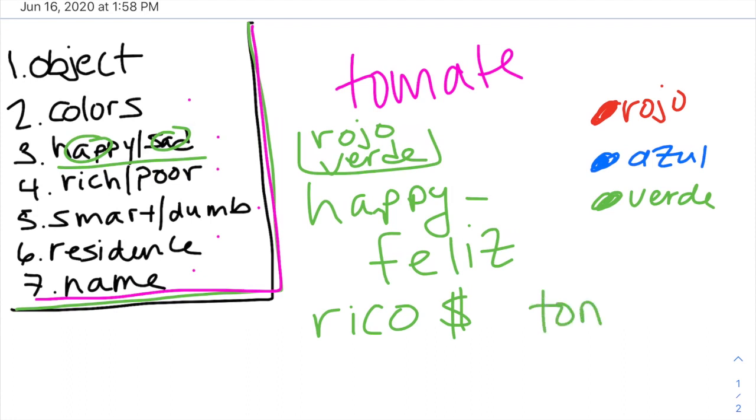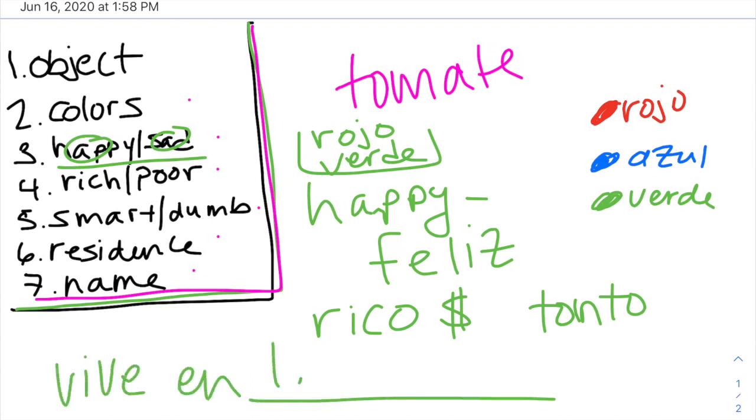Smart or dumb, let's do tonto, I guess. And then residence. I really like including this because it has the structure of lives, vive, and then they can choose a place. This is good for place vocabulary.